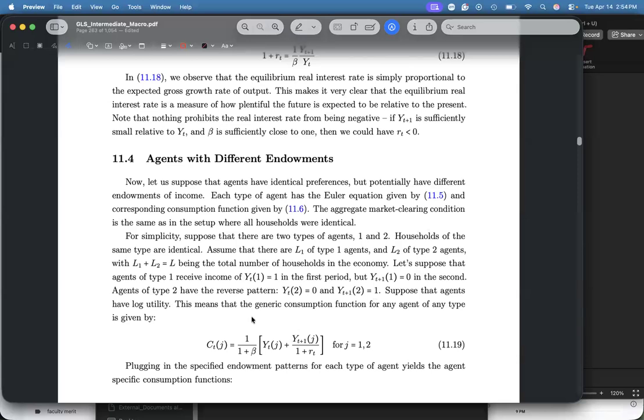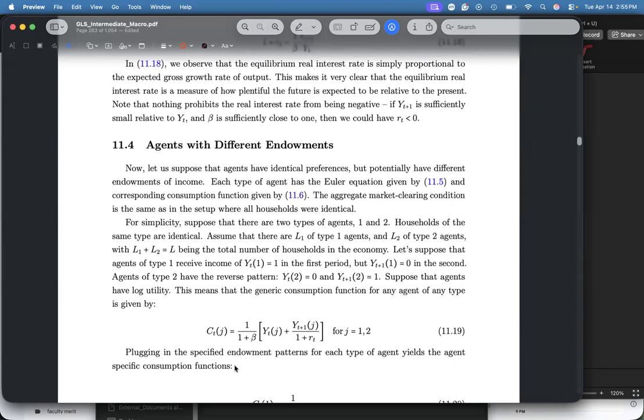Okay? And recall that this is your, what do you call 11.19? Okay. So 11.19 works for both agents. Okay. So babalikan lang natin si 11.19. Diba?